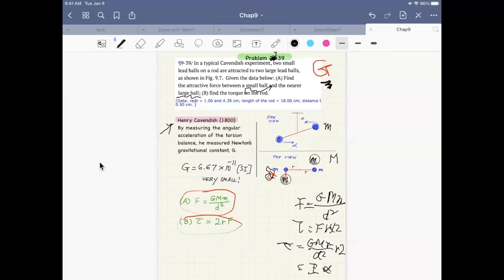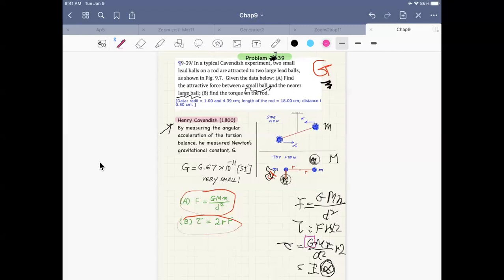And again, a very delicate experiment. Cavendish would measure alpha. And knowing the masses and the distances and the moment of inertia, the only unknown is G. And he found that G is, well, this is a modern value, 6.67 times 10 to the minus 11 in standard units.